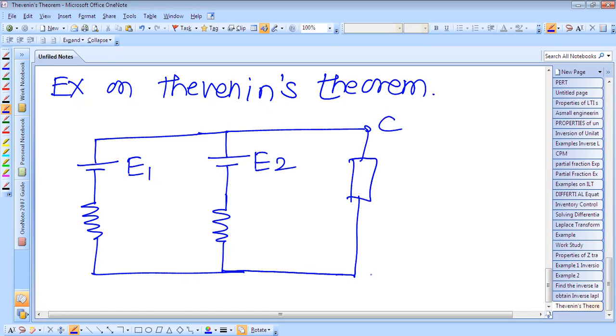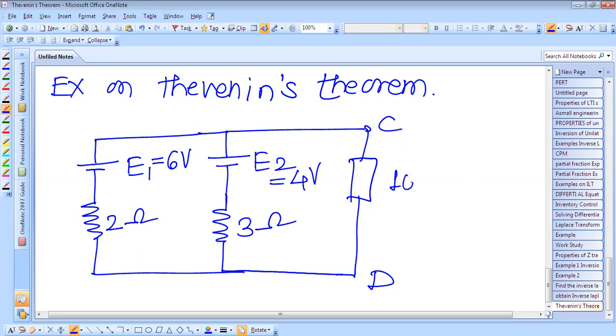So let's consider this is C and D. This resistance is 2 ohm, this resistance is 3 ohm, and this voltage E1 is 6 volt, and this E2 is now 4 volt, and the load resistance is 10 ohm.